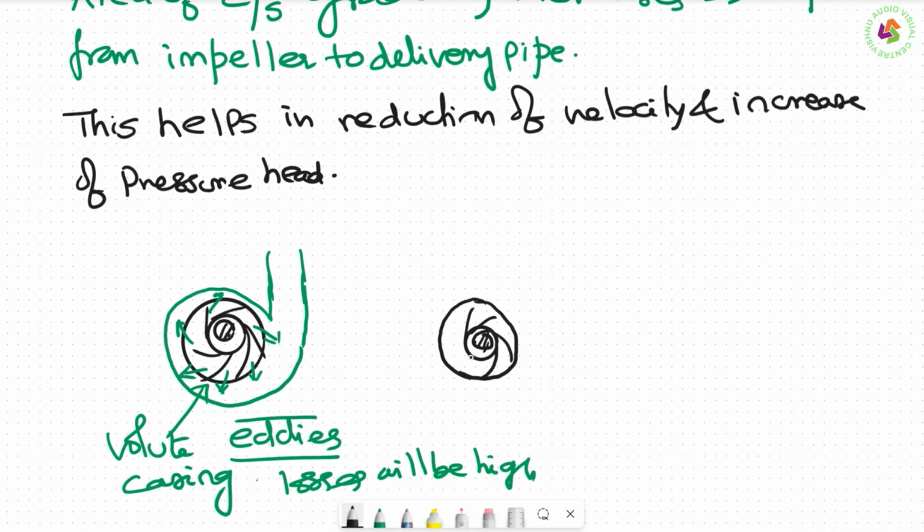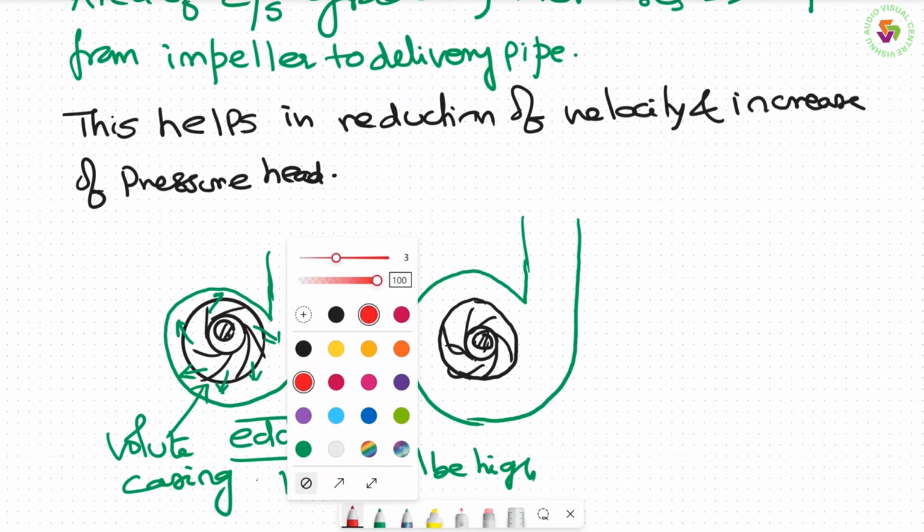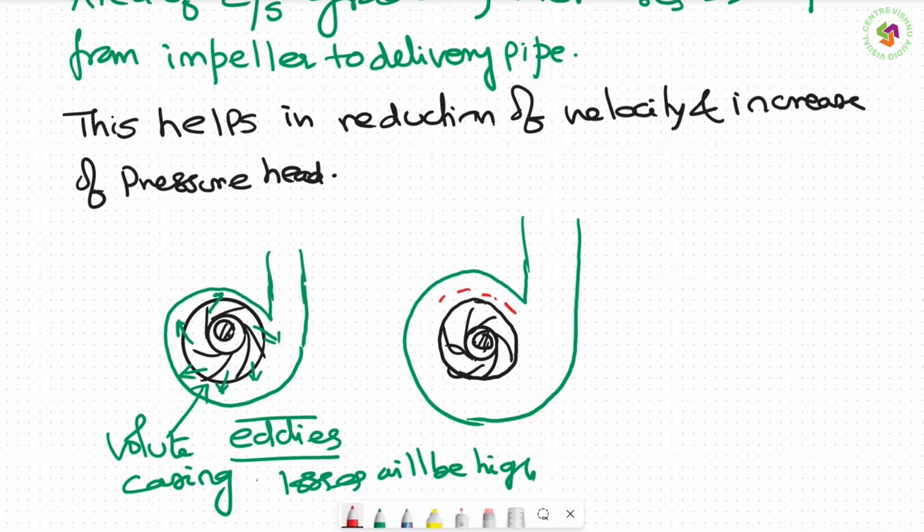Suppose this is the runner; we leave some area, not closer to it, and then the casing is there. So a circular chamber is left around the runner, and this is what we call the vortex chamber.